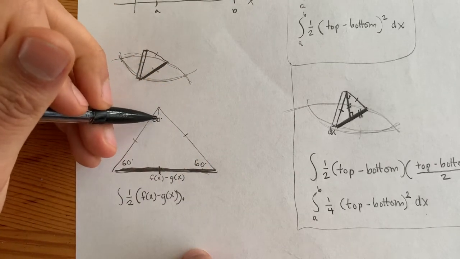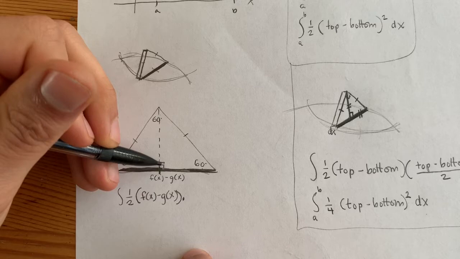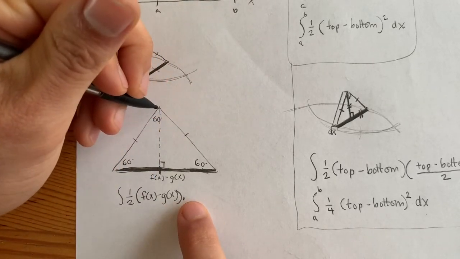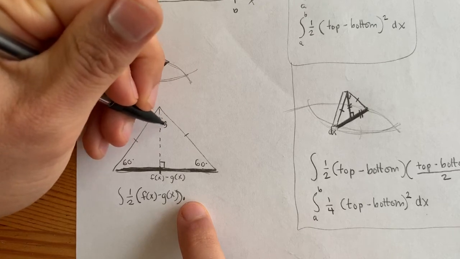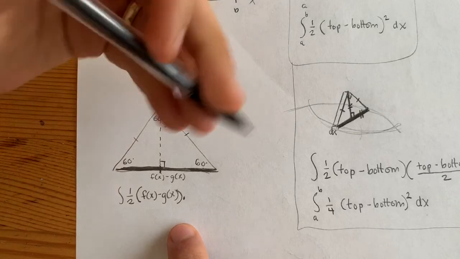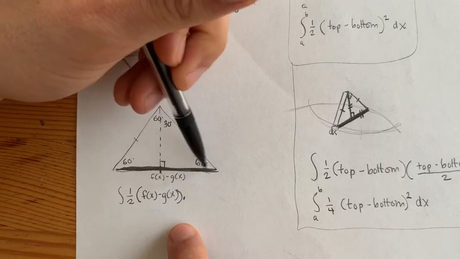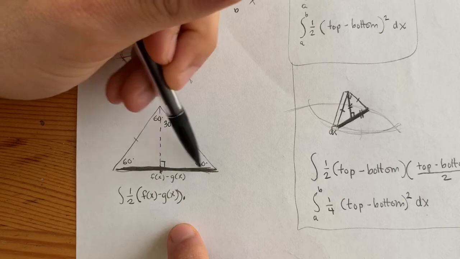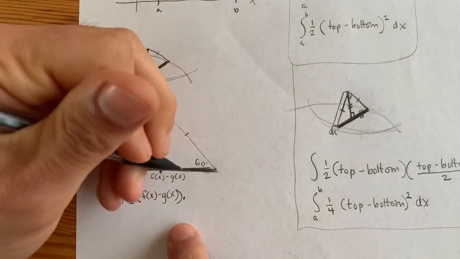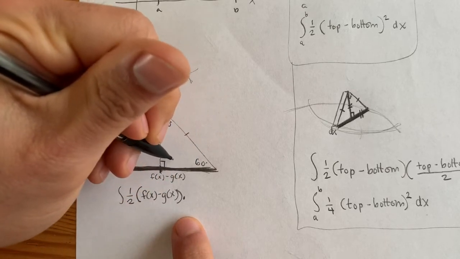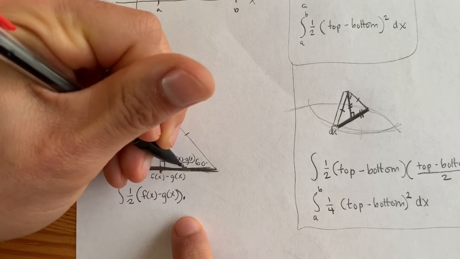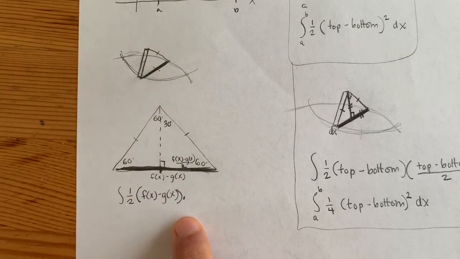So there's 1/2 base, and then times the height. The height is this line that we would need on our triangle. And to get that, I've drawn a 90 degree line down the middle here, which splits this 60 up into a 30 right here. Now we've got a 30, 60, 90 triangle. This is the small side, just from here to here. I'm just working on the left triangle or right triangle here. So this length right here is f of x minus g of x divided by 2, on this half of the side.